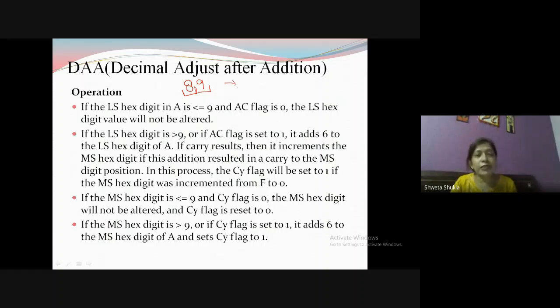There is no need to adjust it after addition. But in case something happens, for example, if you see that the result is 7C, that means your MSB 7 is definitely less than 9. Always remember, you have to check this, less than or equal to 9.